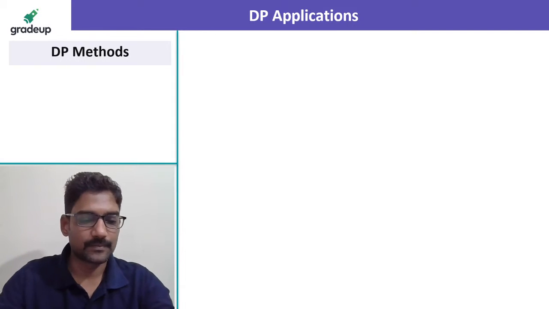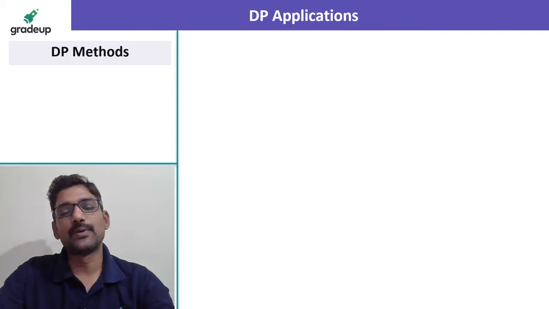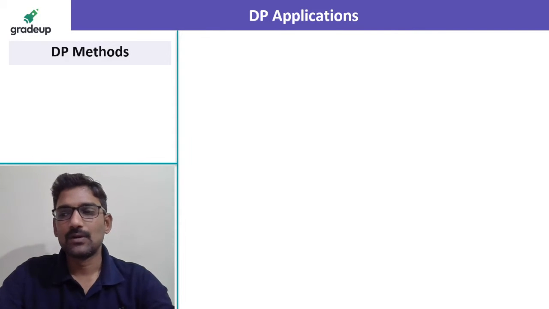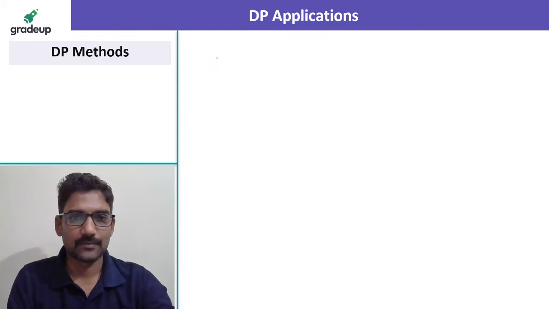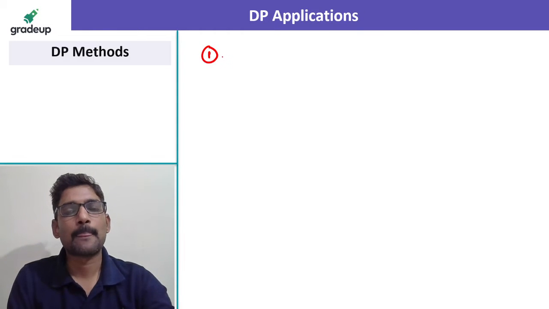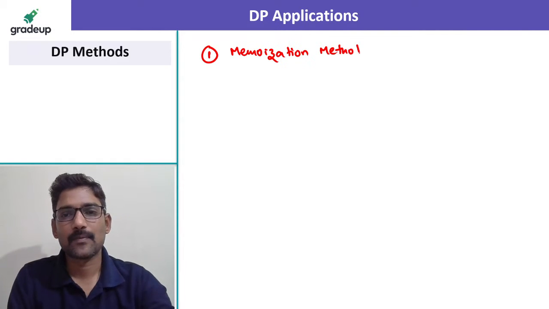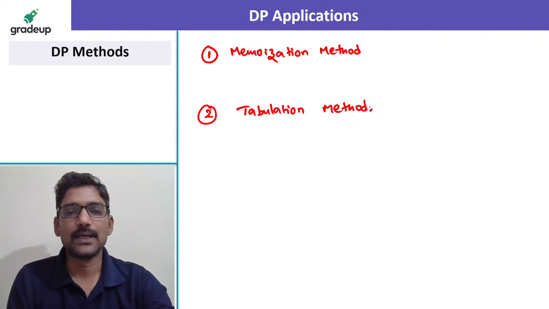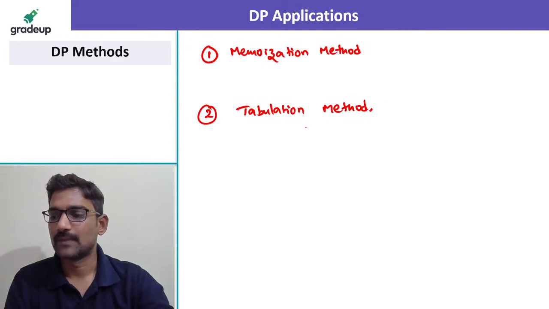So, the dynamic programming technique uses two different approaches. One is the memoization approach or memoization method. The other is the tabulation method.